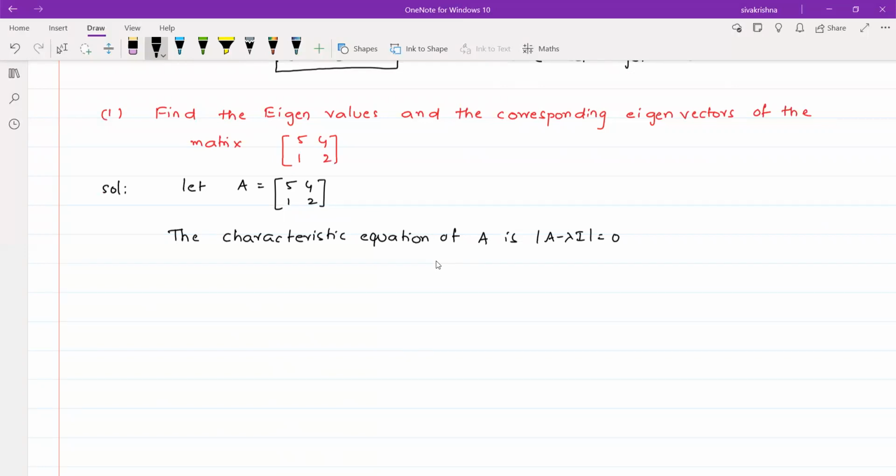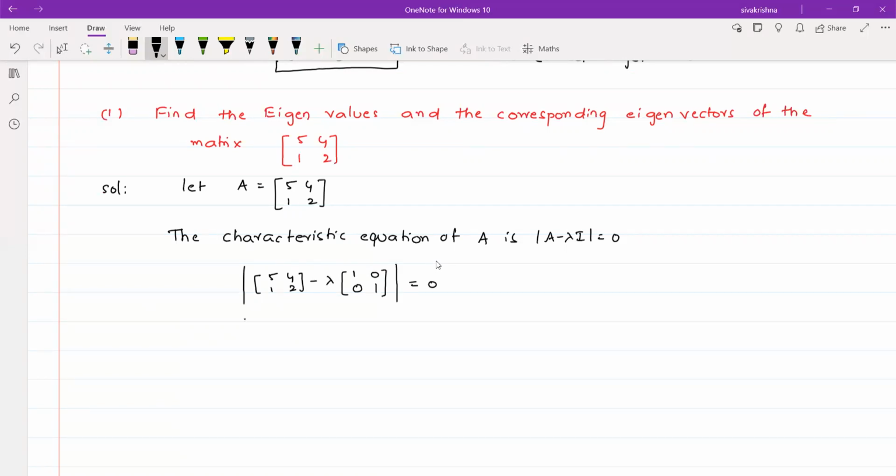So here, in the determinant, we have to write A as [5, 4; 1, 2], minus lambda into I, where I is the identity matrix. Since A is a 2 by 2 matrix, we have to write the 2 by 2 identity matrix, so I have written [1, 0; 0, 1]. Then close the determinant is equal to 0.